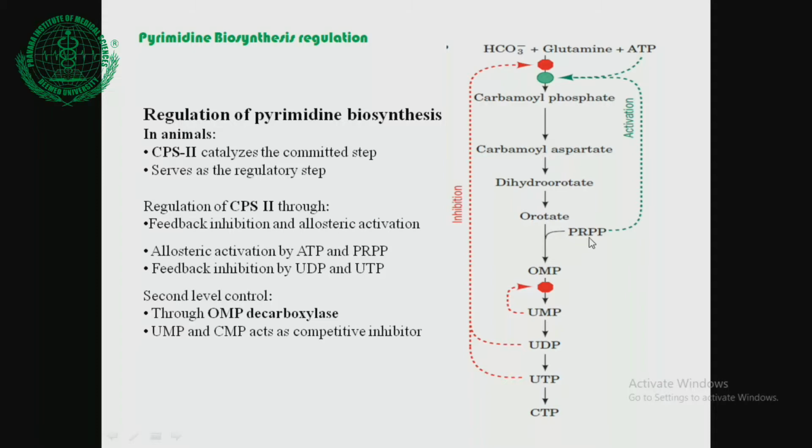Similarly, phosphoribosyl pyrophosphate also acts as an activator to induce the synthesis of pyrimidine nucleotides, whereas inhibition of this pathway takes place through uridine diphosphate and uridine triphosphate. They act on an inhibitory site of the enzyme and block or shut down the pathway through allosteric inhibition of this enzyme.